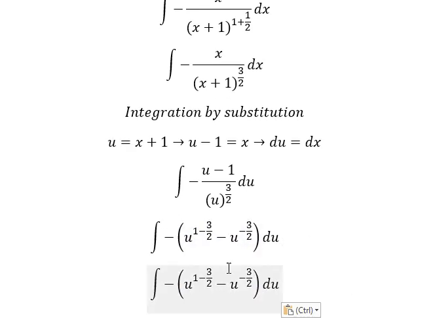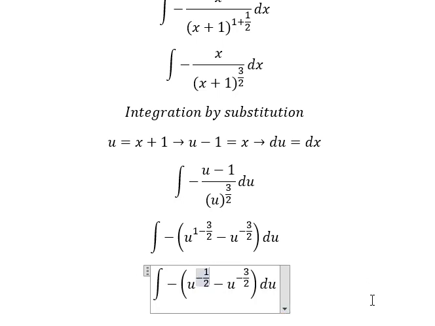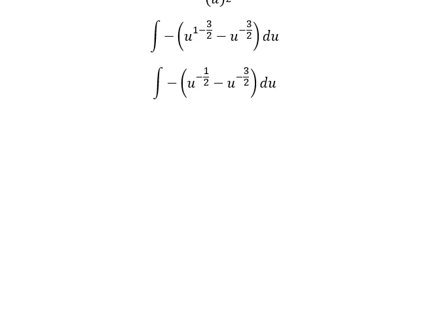So 1 minus 3 over 2, we have negative 1 over 2. And now we have the formula.